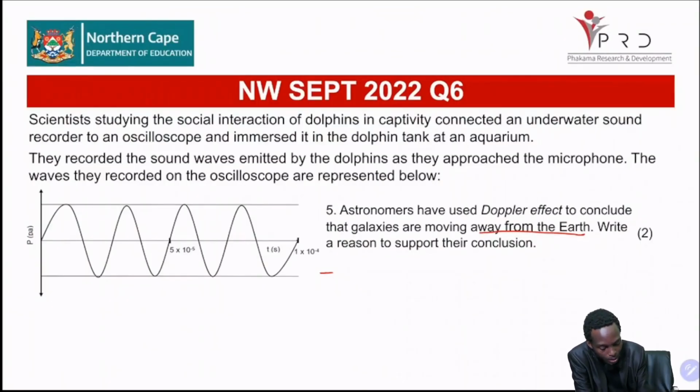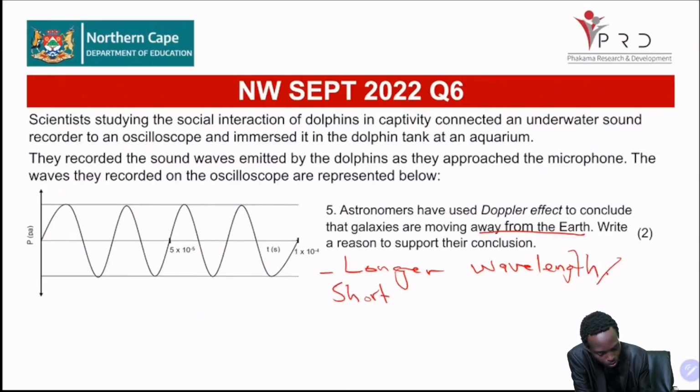So the reason why astronomers are concluding that galaxies are moving away from the Earth is that when light is observed from a distant star, it shows longer wavelengths. And when the wavelengths are long, we know that the frequency is shorter or the frequency is low, right? So the frequency is low.